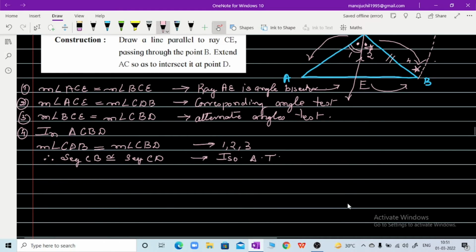Now, point number 5. Based on this particular property, I'll just try to explain here. We got CB is equal to CD. Now, let's see the big triangle here.